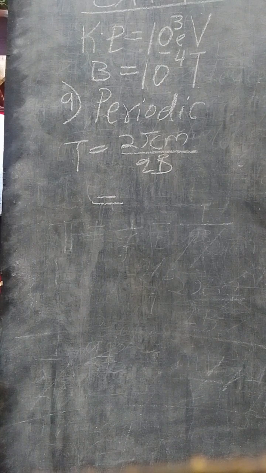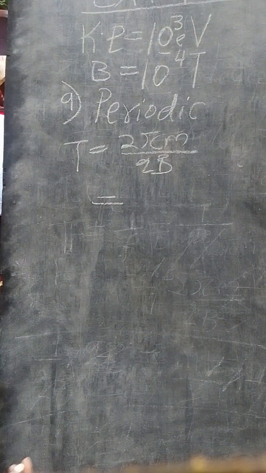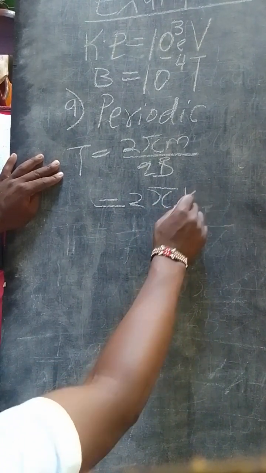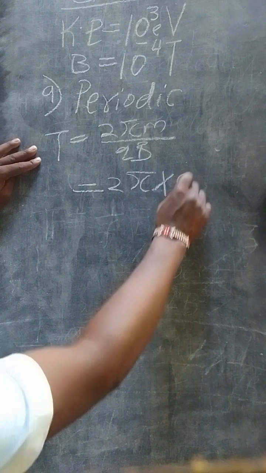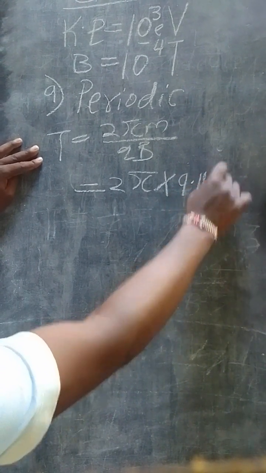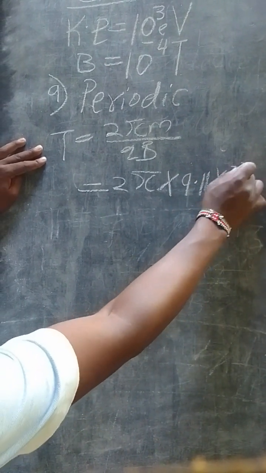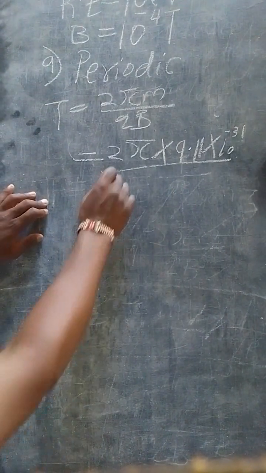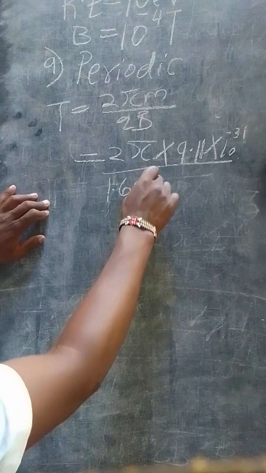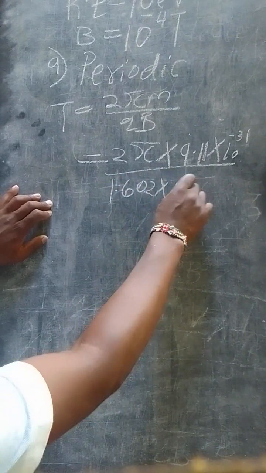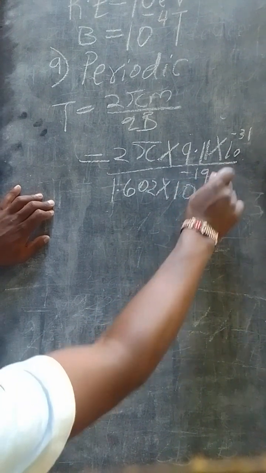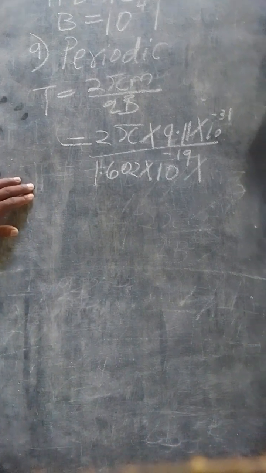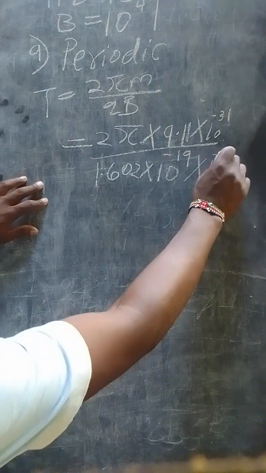Remember, that is a constant, and we have been given the magnetic field, so it will be 2π times the mass of the electron, which is normally 9.11 times 10 raised to power negative 31 kilograms, over the charge, which is normally 1.602 times 10 raised to power negative 19, times the magnetic field we've been given, 10 to power negative 4.